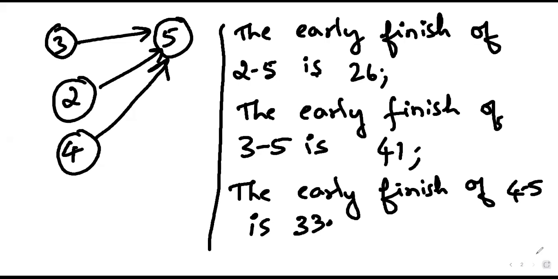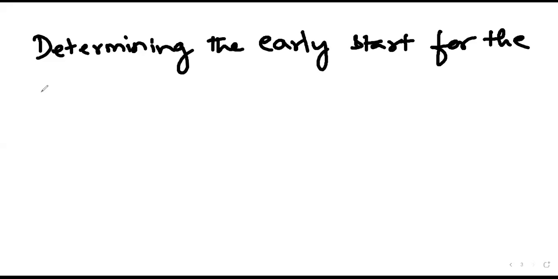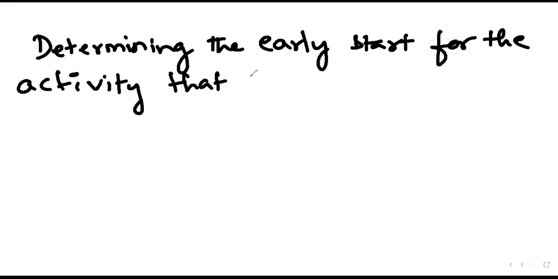The next explanation is determining the early start for the activity that starts from the 5th node.